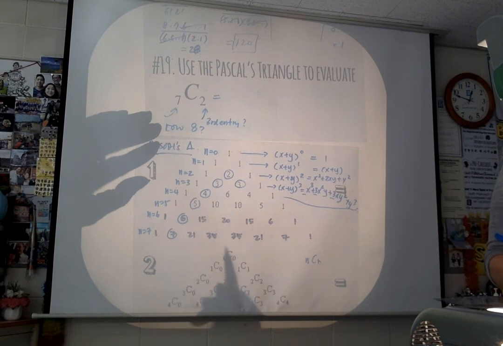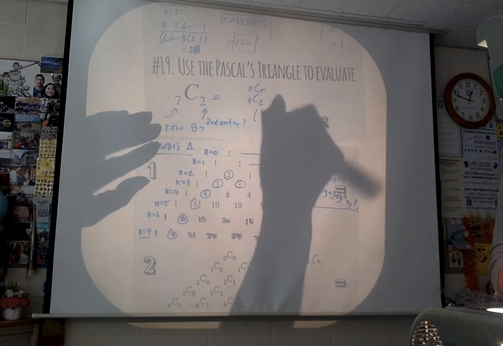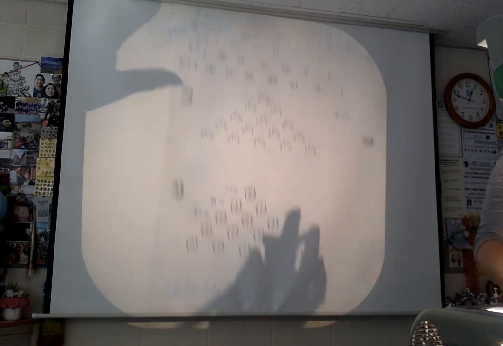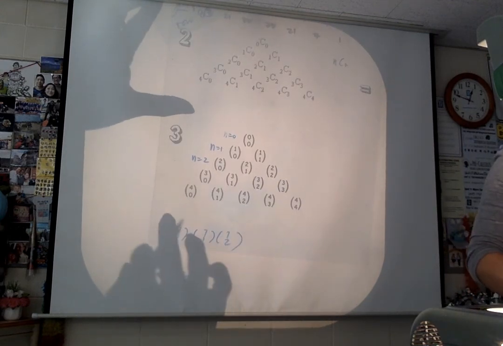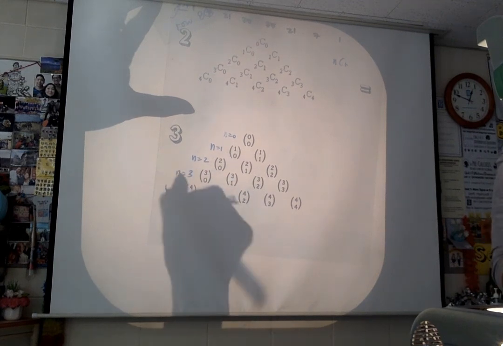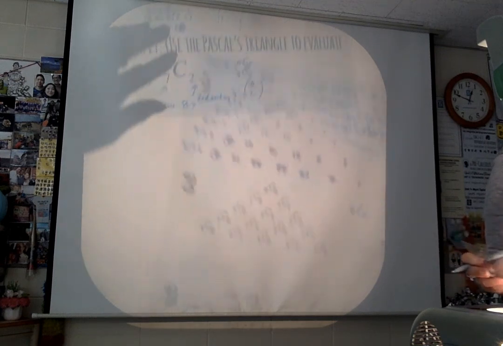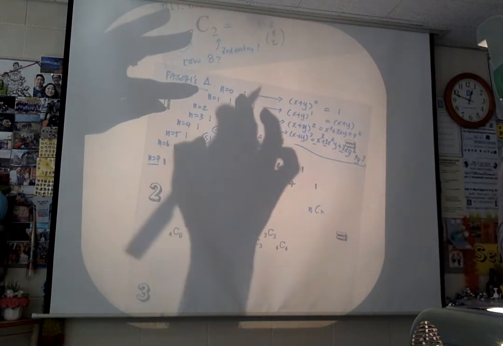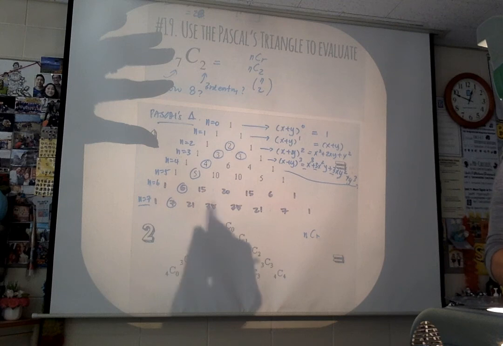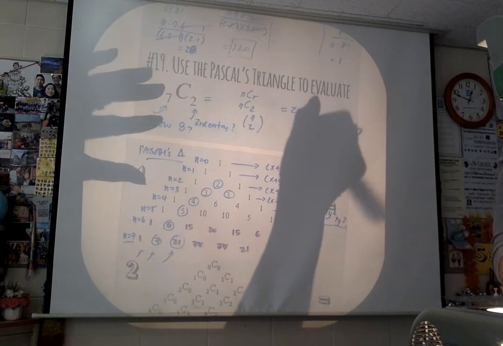So 7, 2, which means nCr, so it's 7 choose 2. You can go here, 5, 6, 7, and this is n equals 3, and this is n equals 4. So we know that we're going to the 8th row, because this is the 8th row, and they want the 3rd entry. 1, 2, 3rd. It's going to be 21.